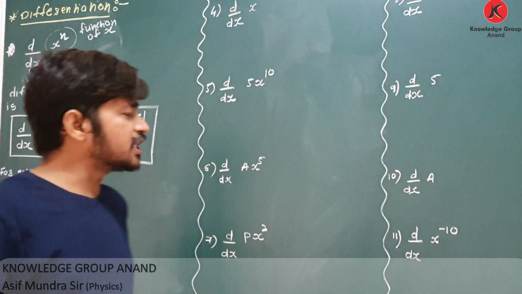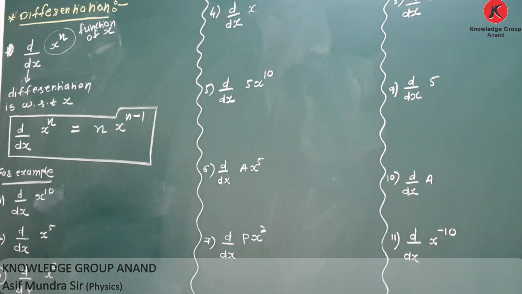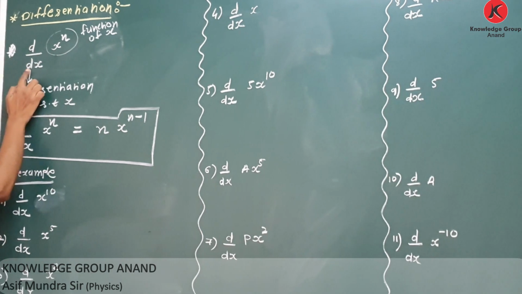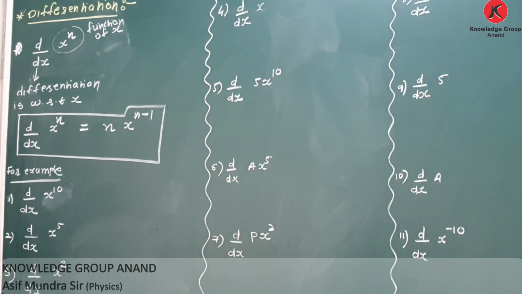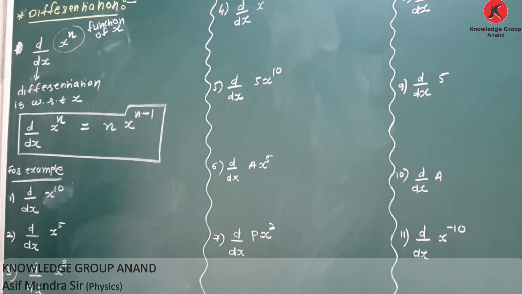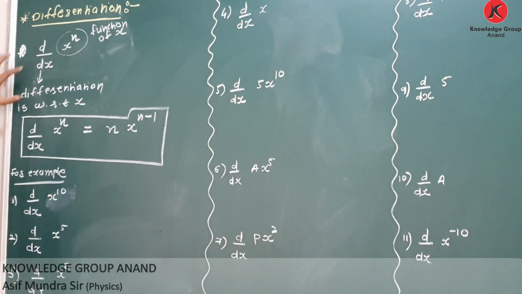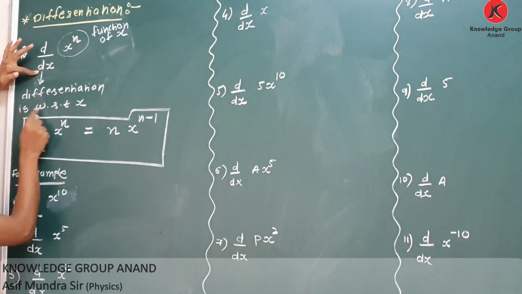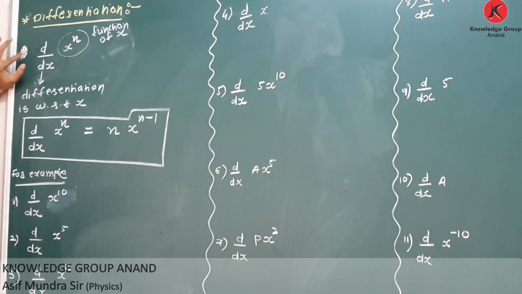Now what is differentiation? Some formulas for differentiation. We will study d upon dx of x raised to n. First of all, understand that this d upon dx term indicates differentiation with respect to x.